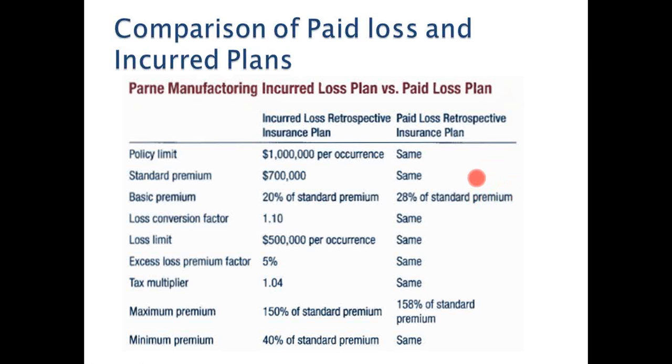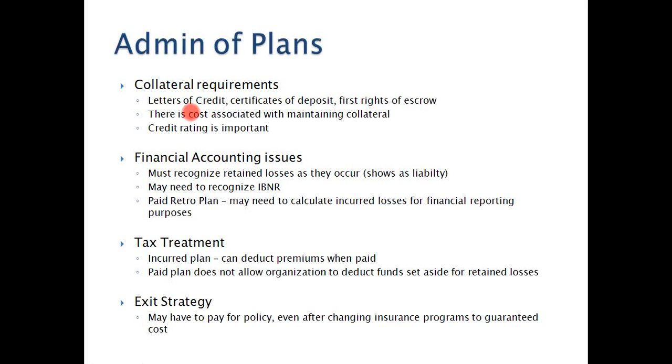So why would you want to do a paid loss? Because you get the cash flow benefits, but for that cash flow benefit, you're going to pay a little bit higher standard premium and possibly a higher maximum premium. That's why the incurred loss retrospective is really a more common type of program. It's a little more stable in many respects.